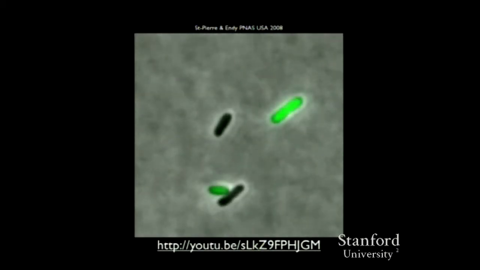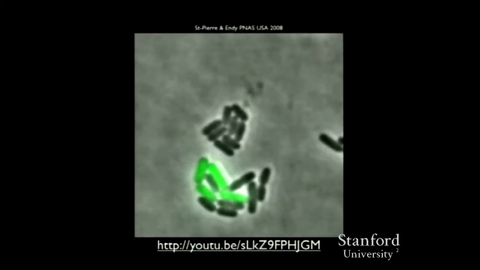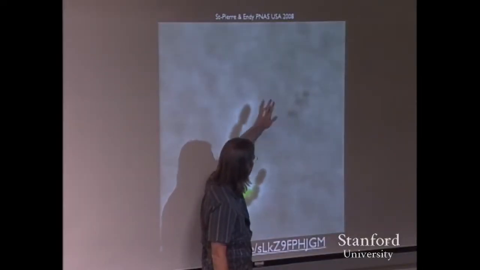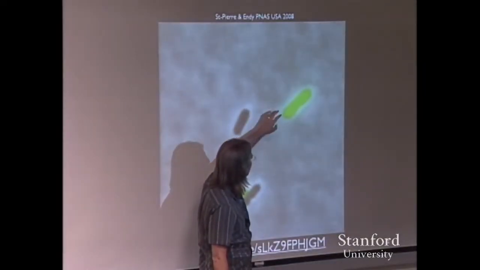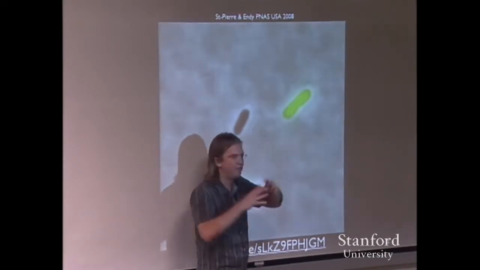And the movie's going to run forward in time and backwards in time. So there was an infected cell up here. This is now running backwards in time, I hope. Right. Now it'll start over. Infected, and the cell bursts.